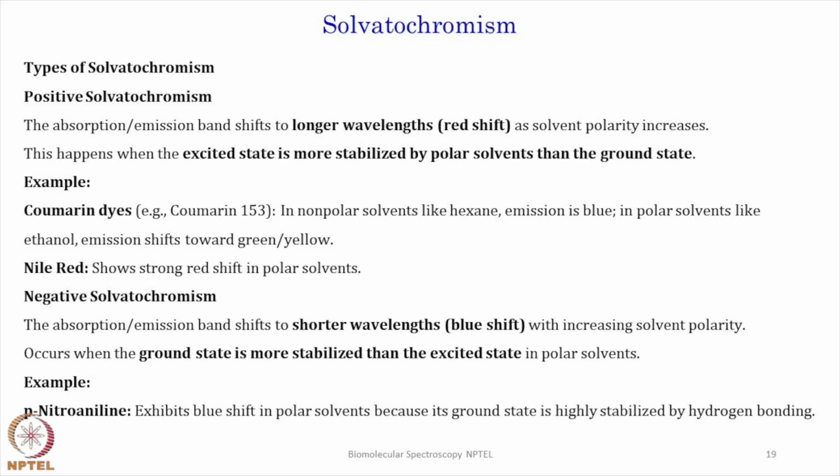Coming back to negative solvatochromic effect, what happens here? There the excited state was getting destabilized, here the ground state gets stabilized. So this occurs when the ground state is more stabilized than the excited state in a polar solvent. For example, nitroaniline exhibits a blue shift because its ground state is highly stabilized by hydrogen bonding.